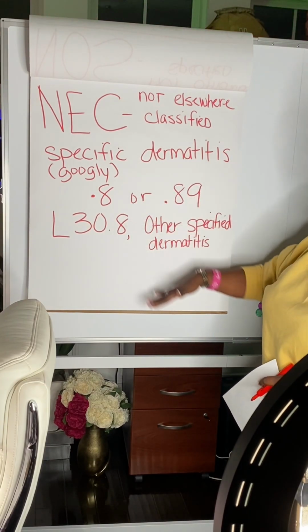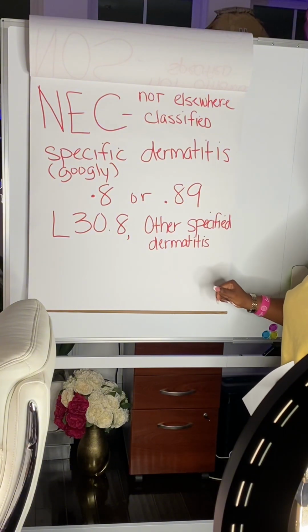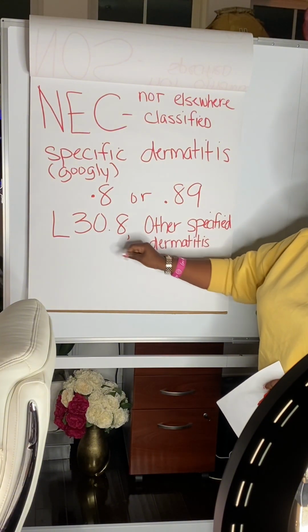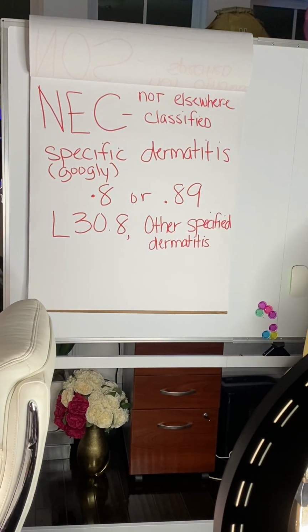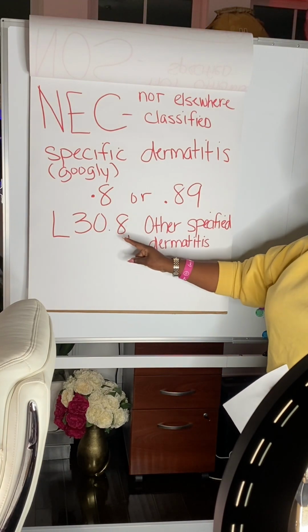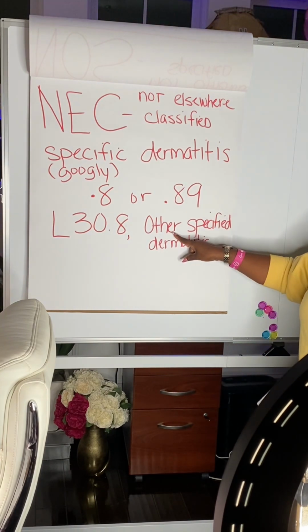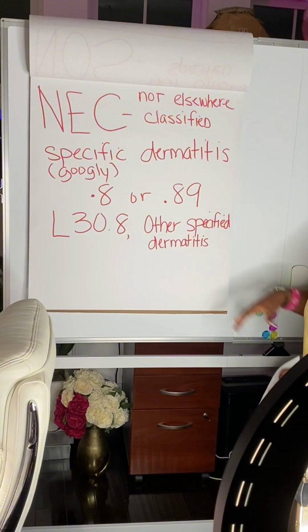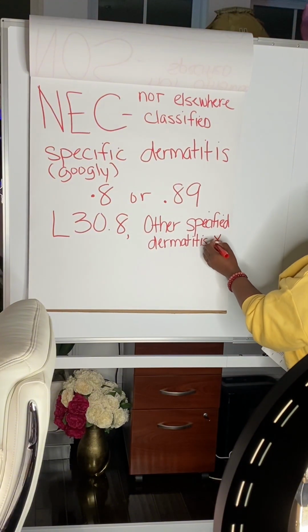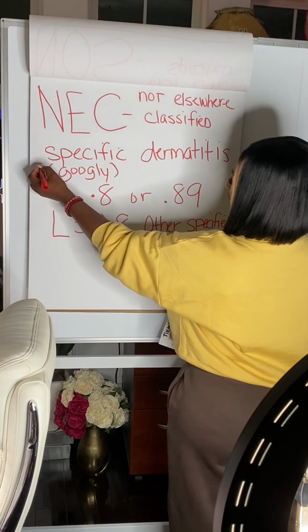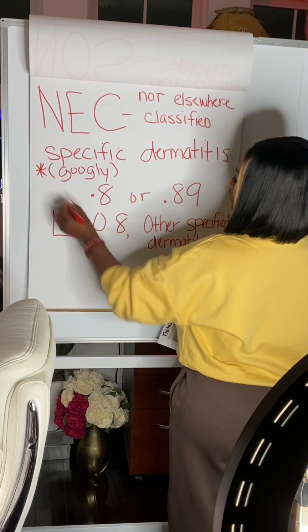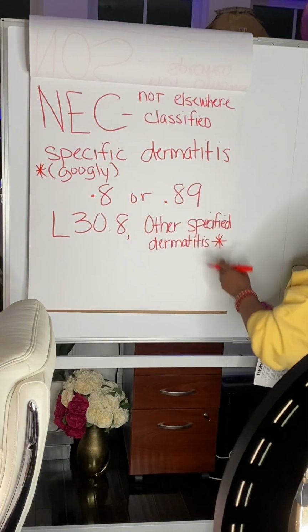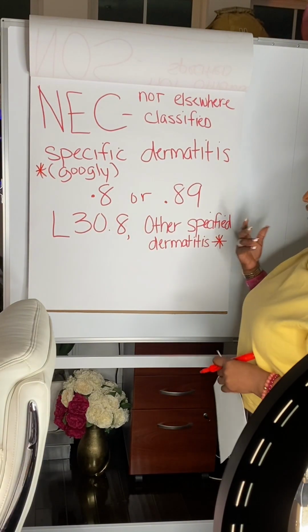So when we went down to other specified, we're going to see L30.8. We're going to go to the tabular, confirm that L30.8 is other specified dermatitis. And that's exactly what it is. It is dermatitis and it's specified to googly. We just don't see googly in the index.